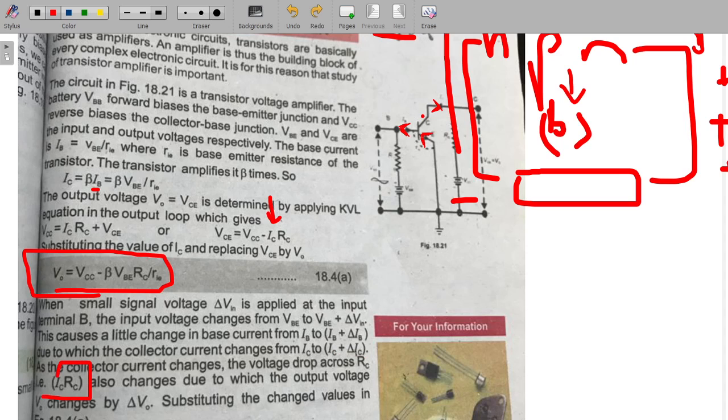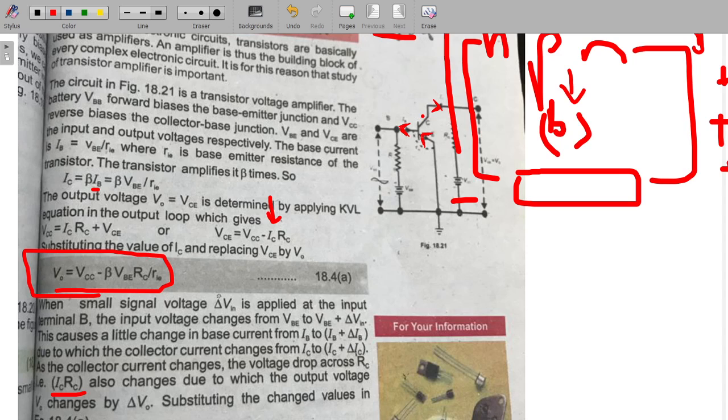But the voltage will remain the same across these two points, because we just increase the value of the current, but the ICRC wouldn't really change, right? Because this voltage isn't being disrupted. We only increase this voltage, which in turn increases these currents. So this will remain the same.